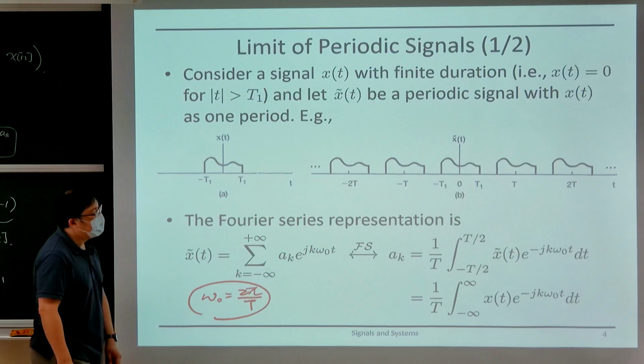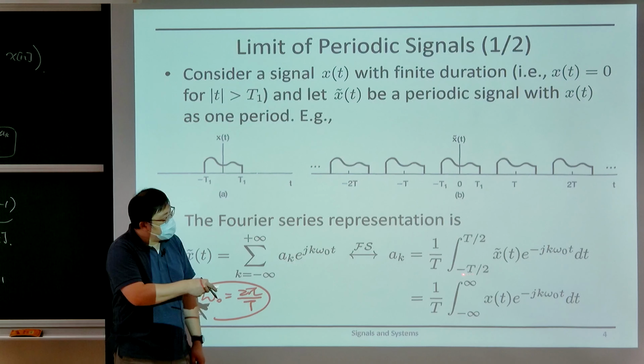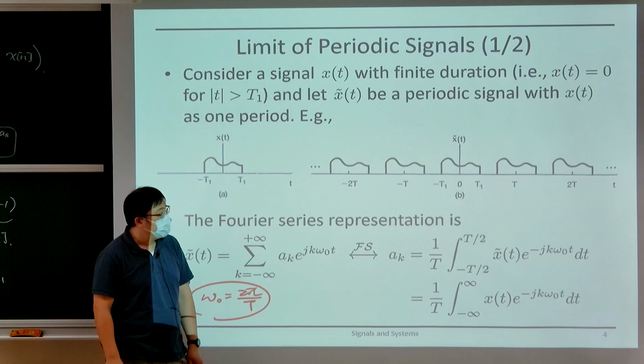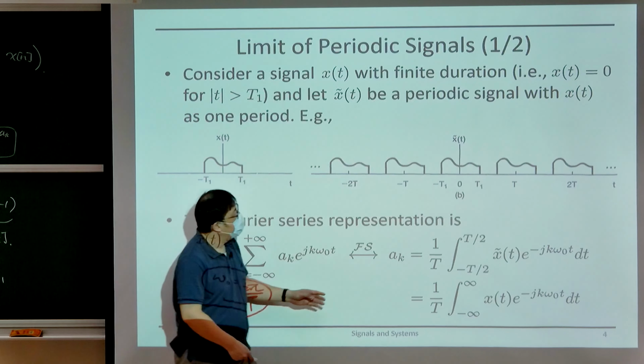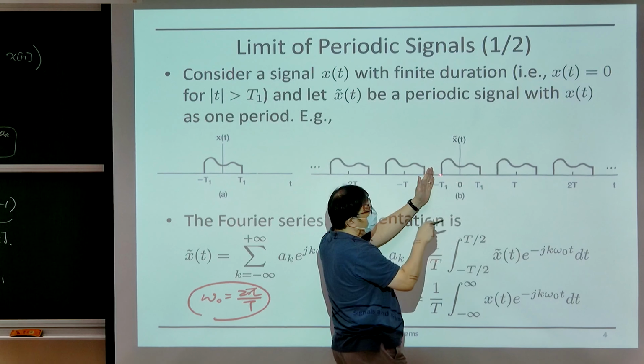Now, when we integrate over one period from minus T over 2 to T over 2, we're essentially integrating over one copy of this x of t.